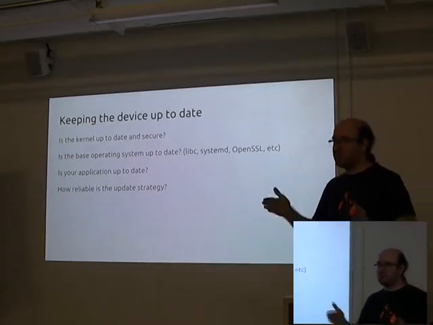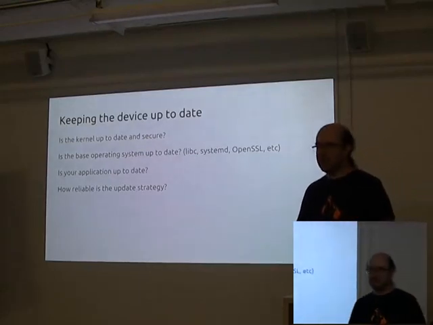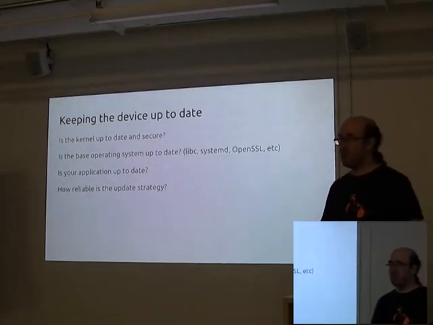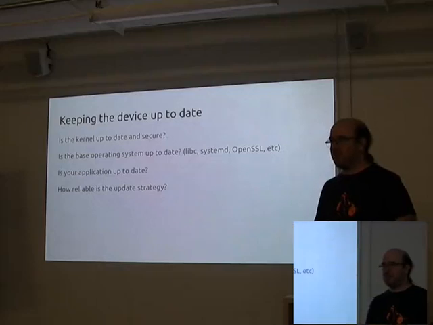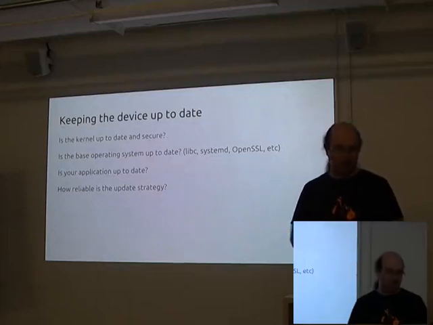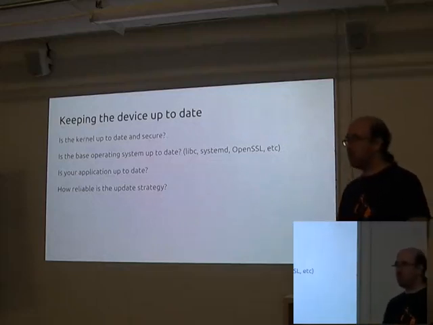Ideally, it should be someone else's job to make sure that stays up to date. And same thing for kernel vulnerabilities. It'd be nice if someone else could handle that.